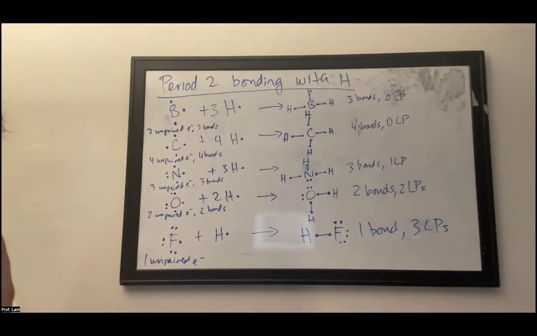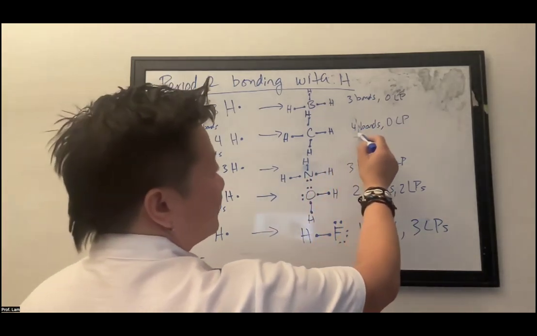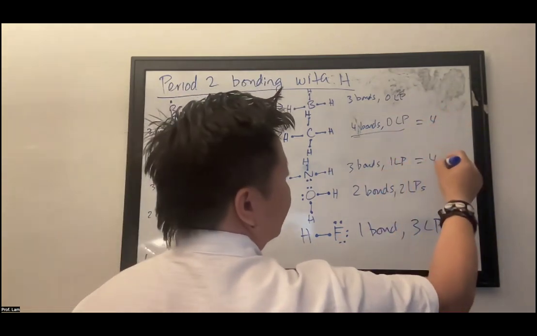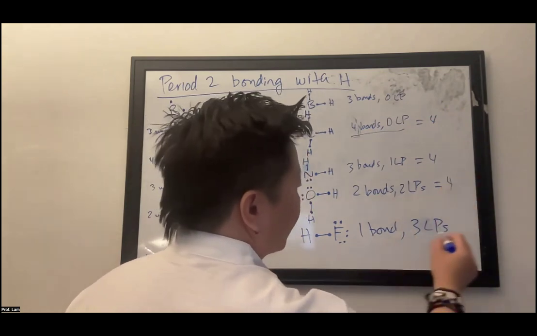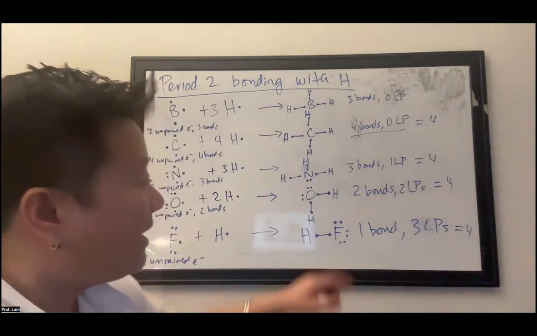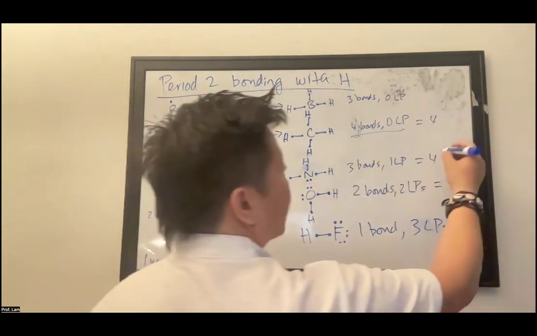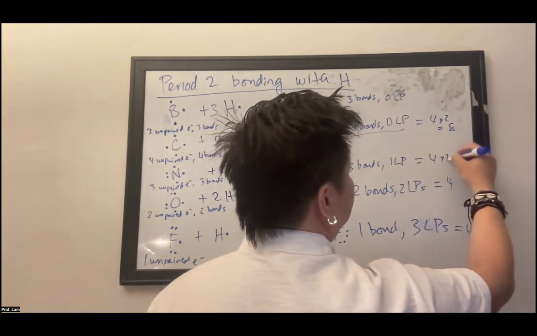You guys see a pattern here. When we add these across, we always get 4. 3 and 1, 2 and 2, 1 and 3. They're all equal to 4. And these are all pairs, either bonding pairs or lone pairs. So 4 times 2 is equal to 8.